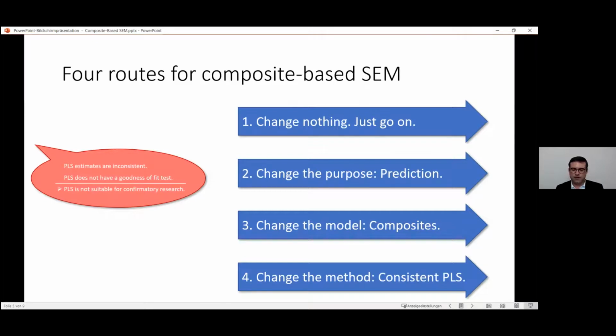And the fourth idea is, well, if PLS doesn't do what we want it to do, namely provide consistent estimates for reflective measurement models, we need to change the method. That was what Theo Dijkstra and also I somewhat contributed to, that we came up with consistent PLS, which provides consistent estimates for loadings and path coefficients.